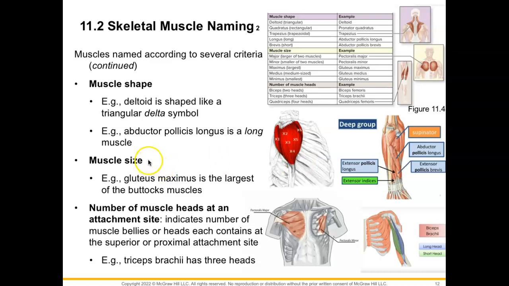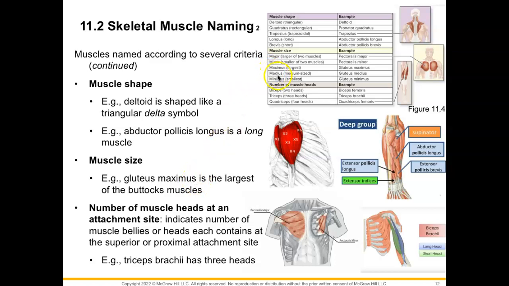And then we have a nomenclature based on muscle size. So sometimes we have several different muscles that either do the same thing or are found in the same region, and we differentiate them based on size. Best example for that is our gluteus maximus muscle, which you find in the gluteal region, of course, and that one is the largest of all the buttocks muscles.